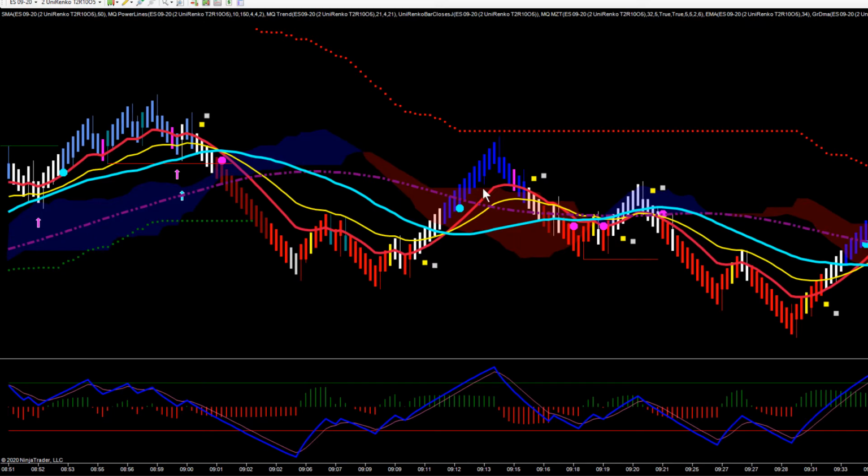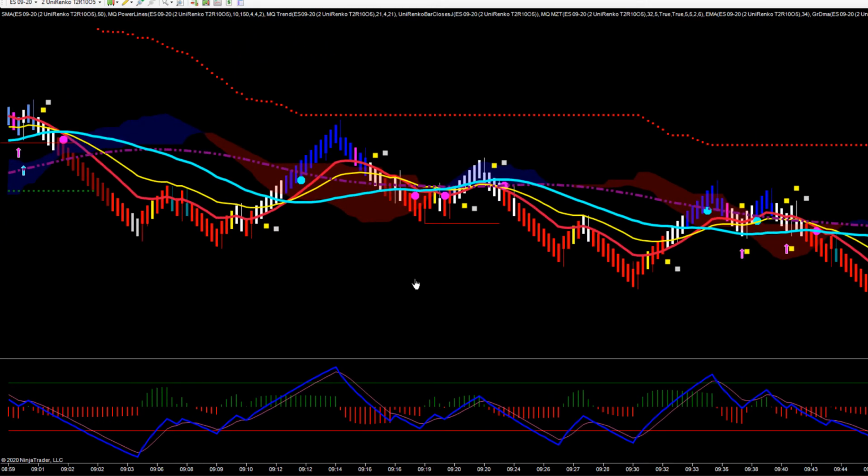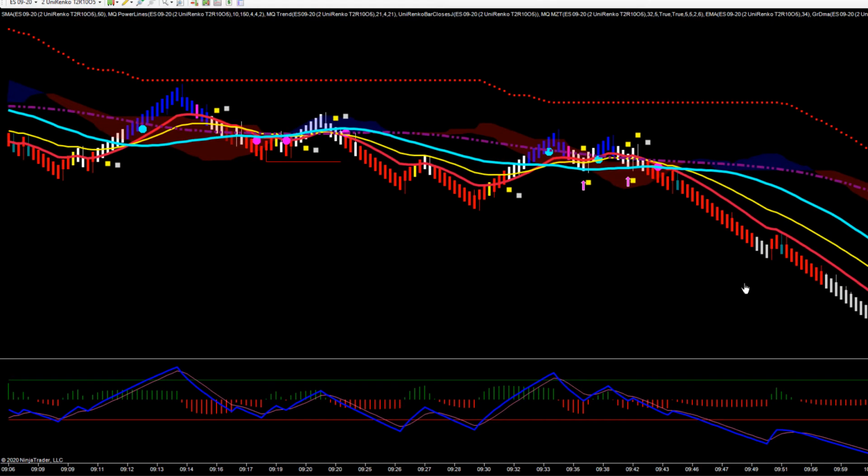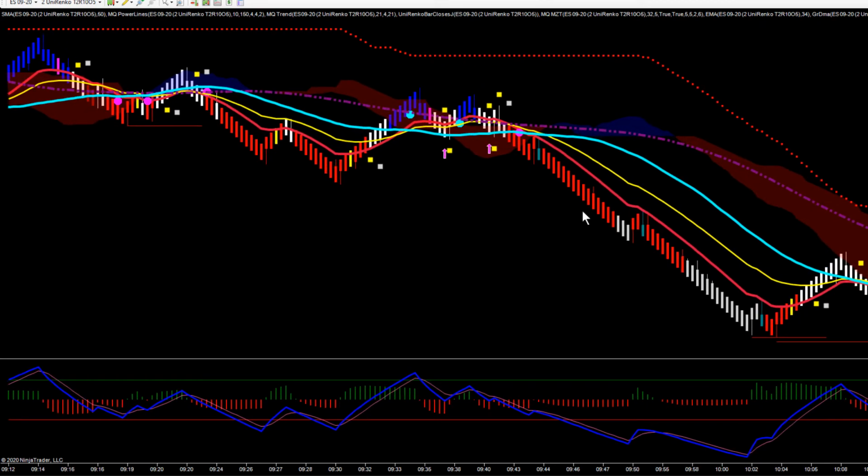This is where we had that pullback, got stopped out, triggered another short setup. All of our moving averages crossed to the downside, moved under the smooth 50, under the cloud. Trender Pro 2.0 signal right off the 18 and bombs away. Nice short trade to the downside.